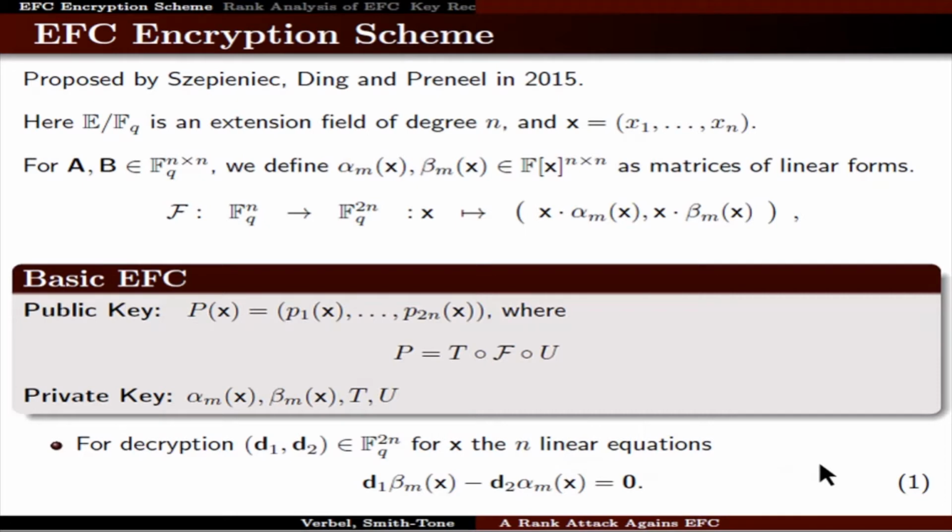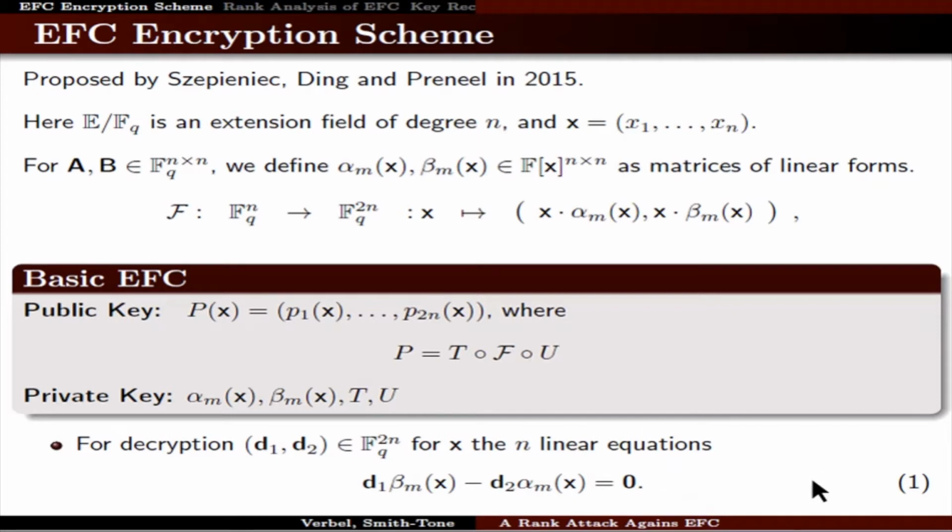As it is here, the basic version of extension field cancellation has a lot of problems. One of them is the decryption formula, which allows an attacker to perform a linearization attack. If you have enough ciphertexts, you can find the coefficients of the matrices beta and alpha and be able to decrypt any other message.